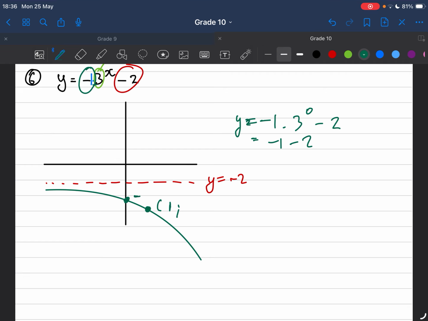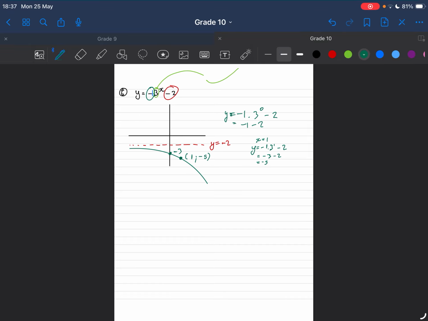So your intercept is going to be -3. For my x equals 1, y is equal to -1 times 3 to the power 1, -2. So -3 -2 is -5. So it's -5. So we've got the asymptote and 2 points.